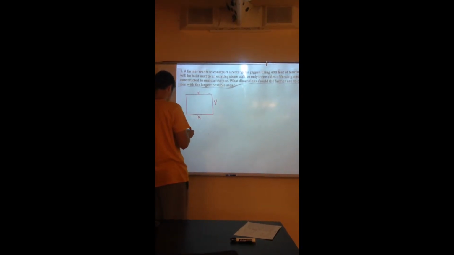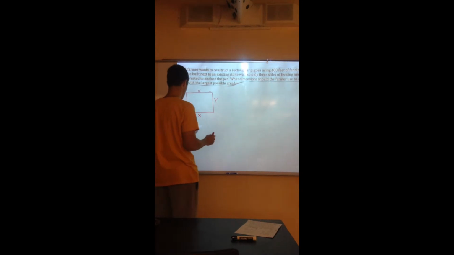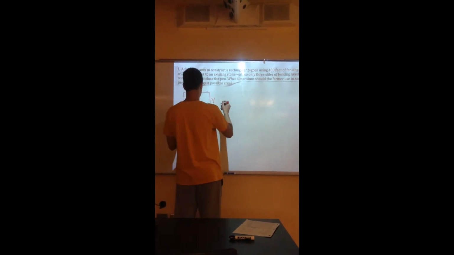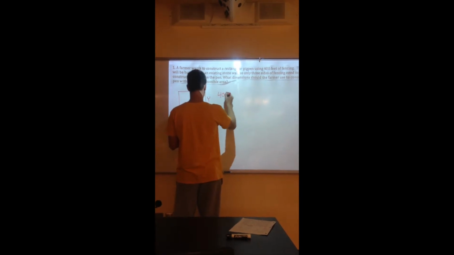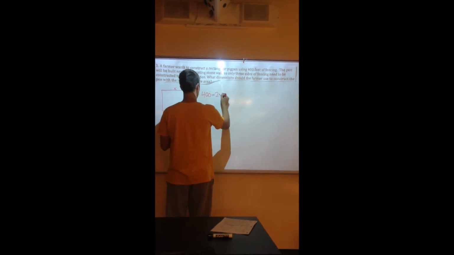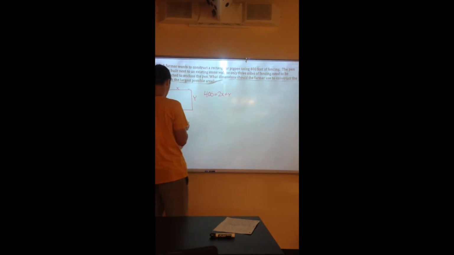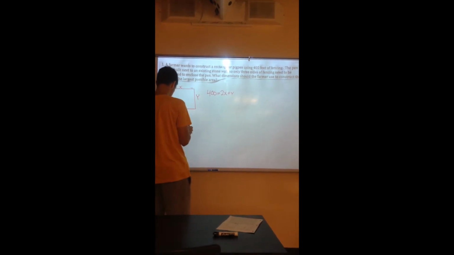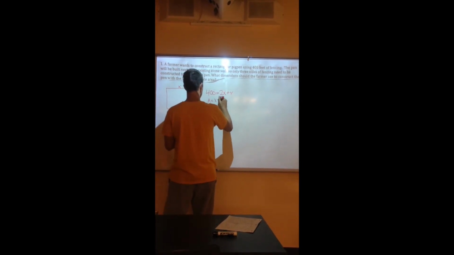Alright, so then to start this out, we need to create 2 equations. We will first create the perimeter equation, and we have 400 feet of fencing, so 400 will be our perimeter, and that will equal 2x plus y. So there's 2 sides of x and 1 of y. And then the second equation will be the area equation, which will be area equals x times y.